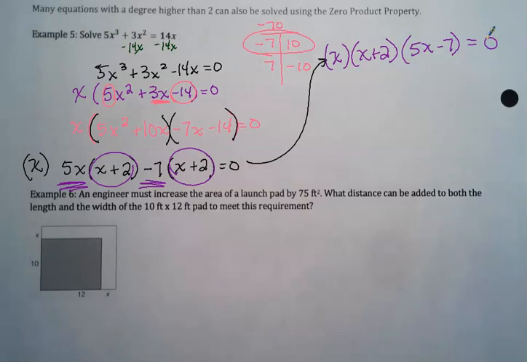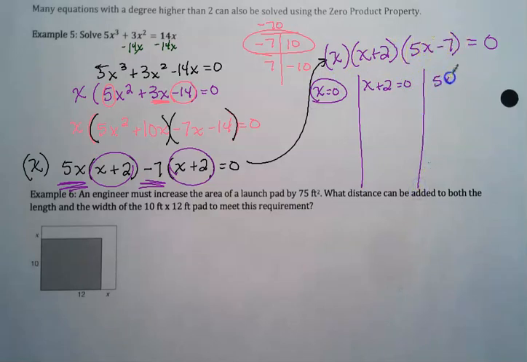All right, and then I'm solving with the zero product property. So I'm going to take each chunk and set it equal to 0. So I've got x equals 0, x plus 2 equals 0, and 5x minus 7 equals 0. So to go back to x plus 2, we're going to subtract 2.